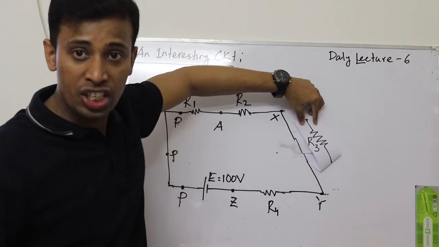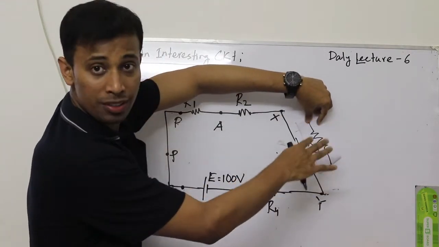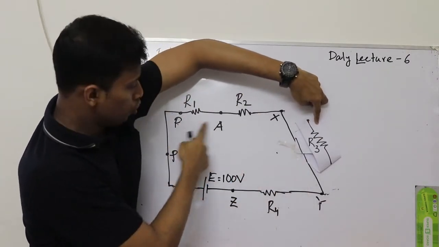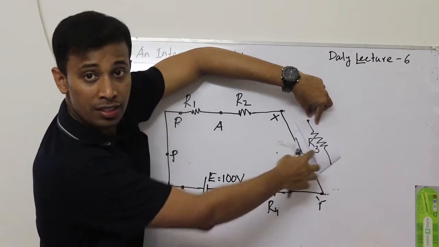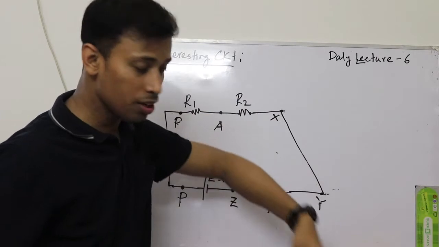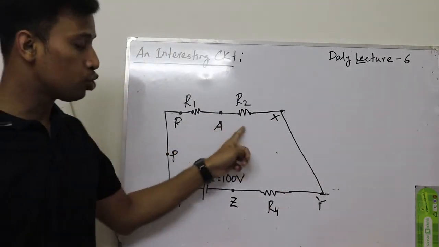So unlike initially, how many resistors do we have? As R3 is out of the circuit, we now have resistors 1, 2 and 4. R3 is washed out, so we can take this R3 and remove it.